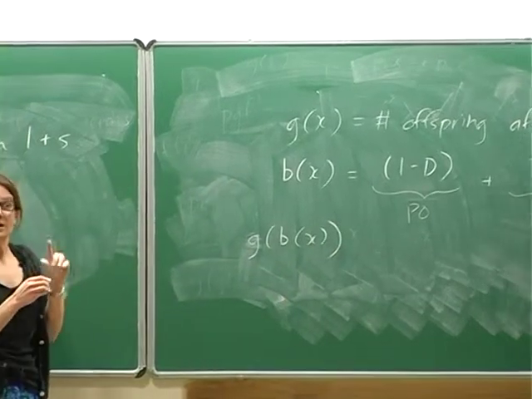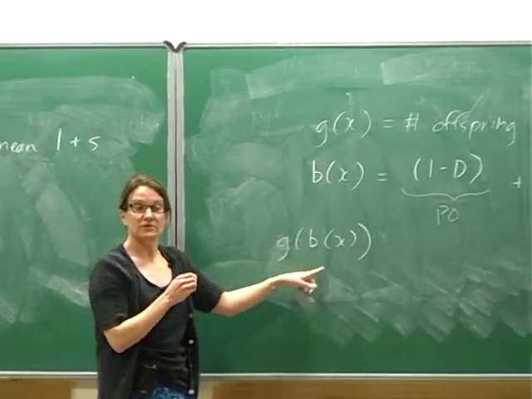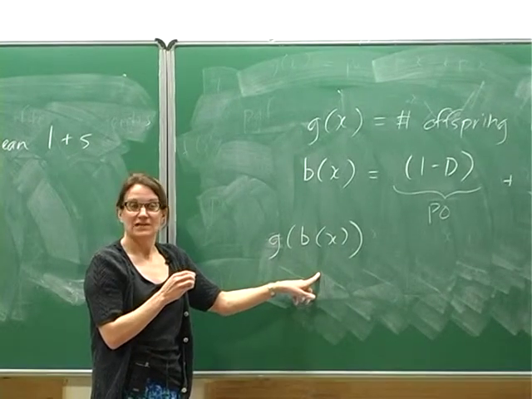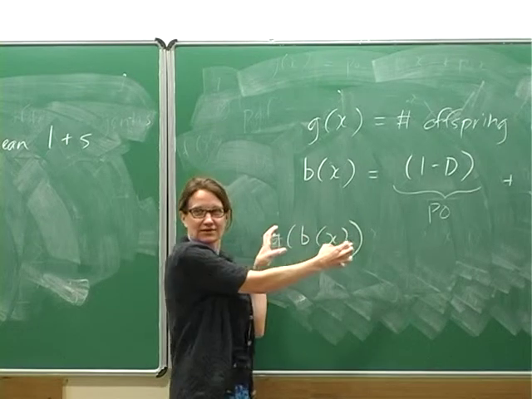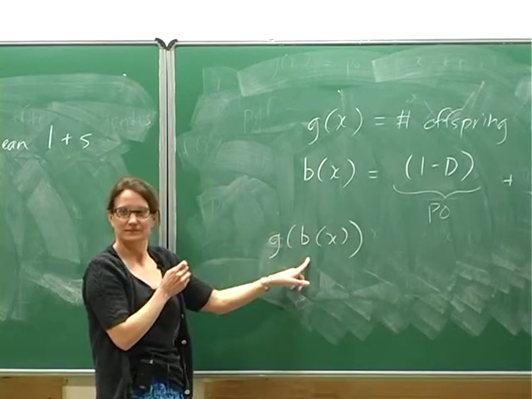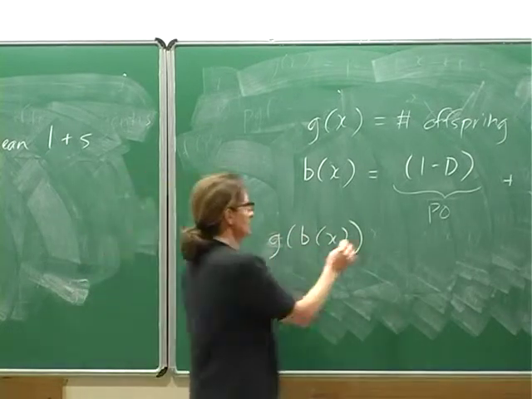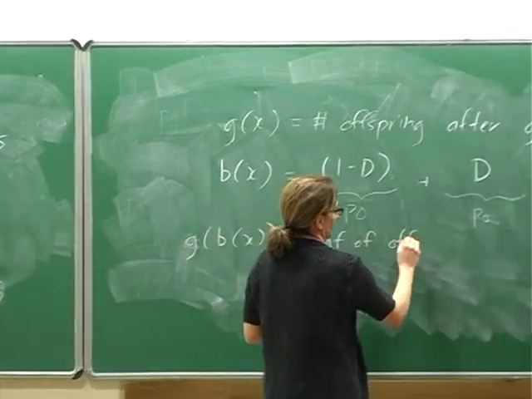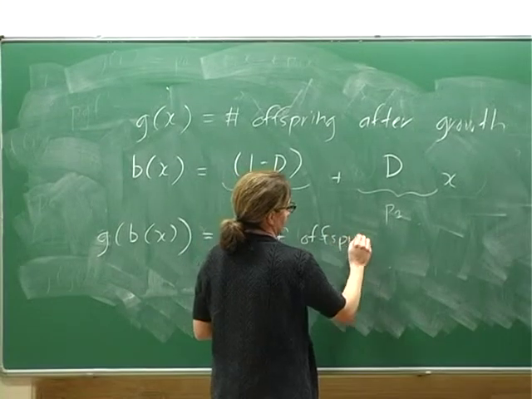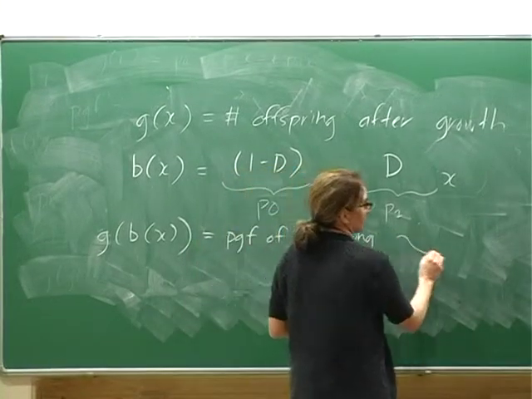Confusingly, it actually works out to be in this order, even though mathematically you kind of like to think of the thing inside as happening first and then the thing outside, it goes like this. So G will be a PGF itself of the offspring right here.